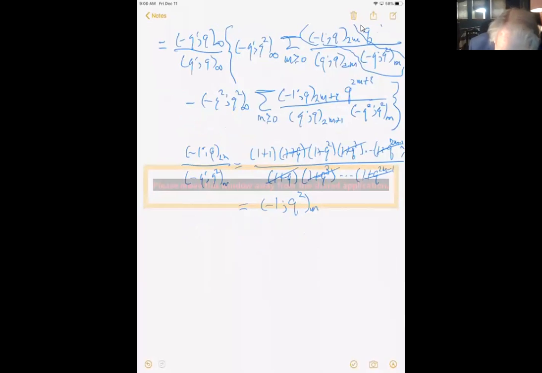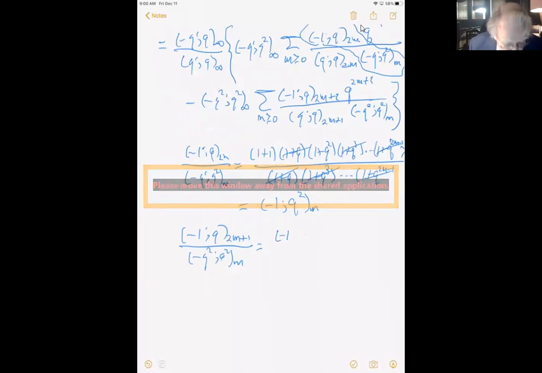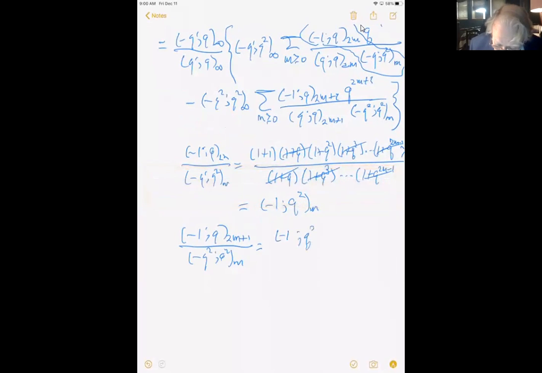Similarly, minus 1 q sub 2m plus 1 divided by the minus q squared sub m equals the same sort of cancellation takes place, except now all of the even terms drop out and you have minus 1 semicolon minus 1 semicolon q squared sub m plus 1.